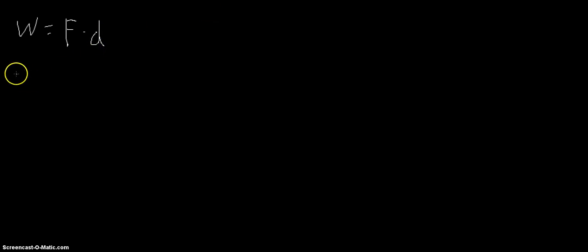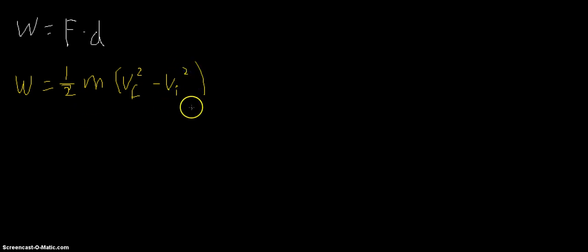But we also learned several other formulas. For example, work equals half of mass times v_f squared minus v_i squared, aka final velocity minus initial velocity.